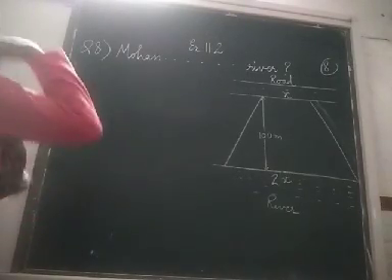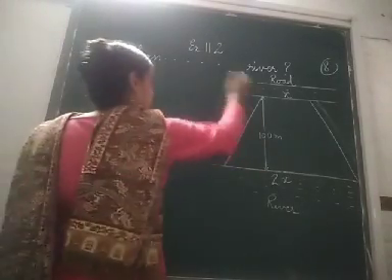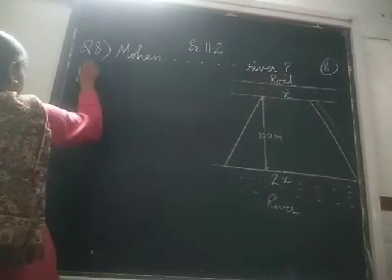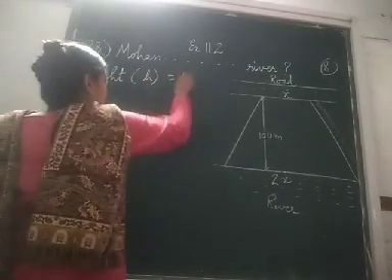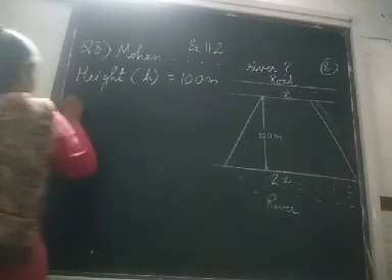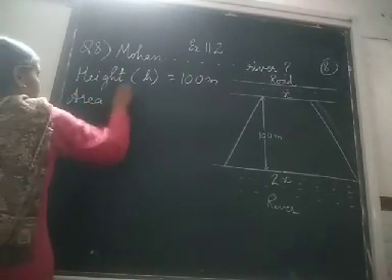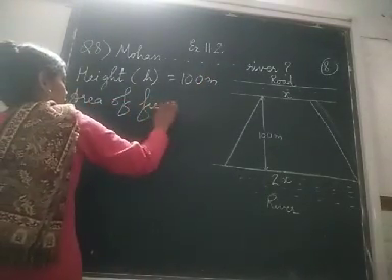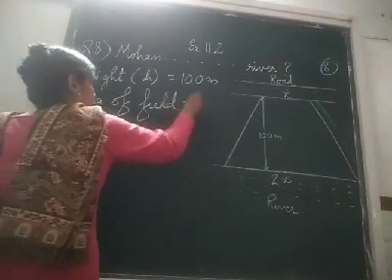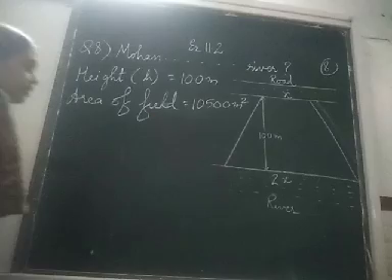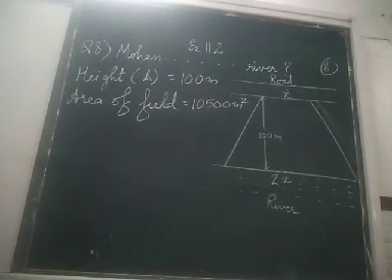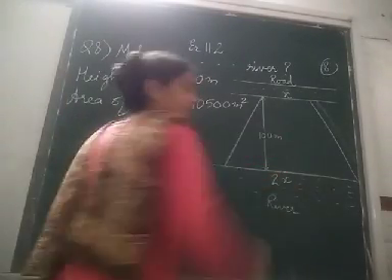What is given? The perpendicular distance, or height, is given, 100 meters. Area of field is given, 10,500 meters square, and these are the parallel sides.